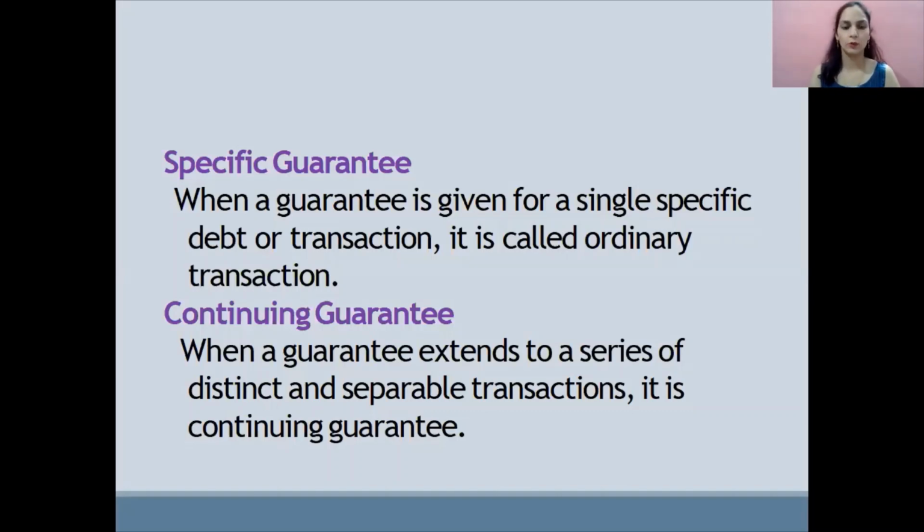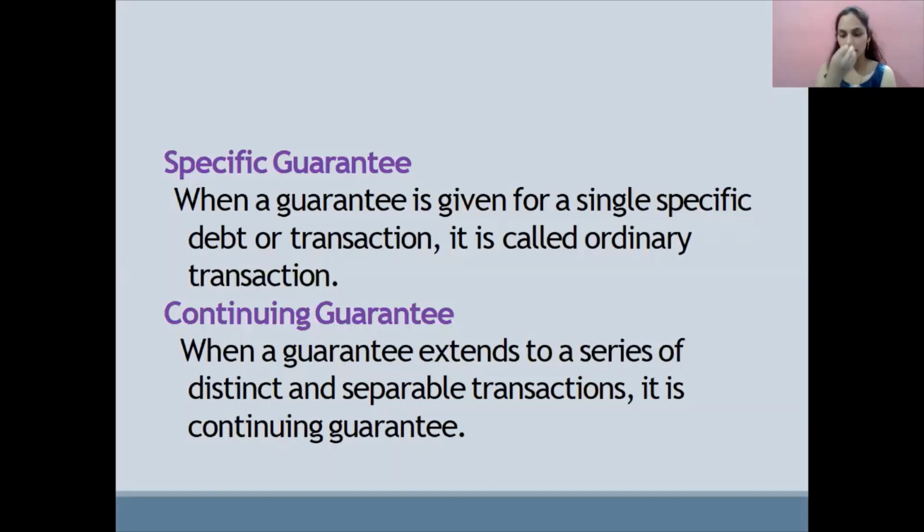For those series of transactions between AB Traders and CD Traders, Mr. X has given a guarantee for making the payment in case AB Traders defaults with CD Traders. So whenever AB Traders and CD Traders enter into a contract, the guarantee for non-payment or default will be held by X for all the 12 months under which they go for the transaction.